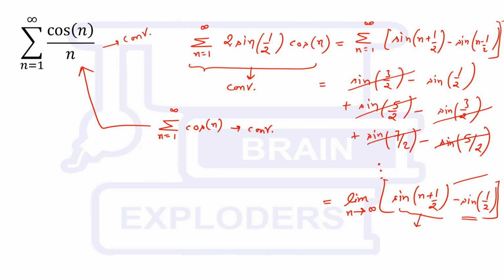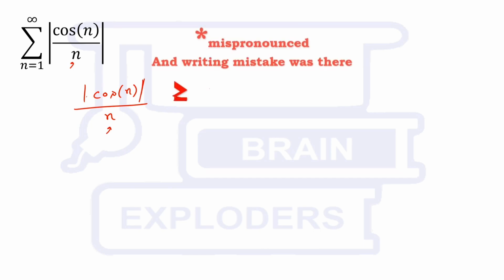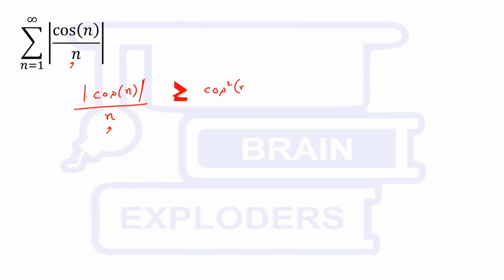Now let us check the convergence of summation n equals 1 to infinity mod cos n upon n. For this, we will start with mod cos n upon n. Since n is a positive number, it doesn't matter whether we apply mod on n or not. This term is greater than or equal to cos square n over n. Let us see how.